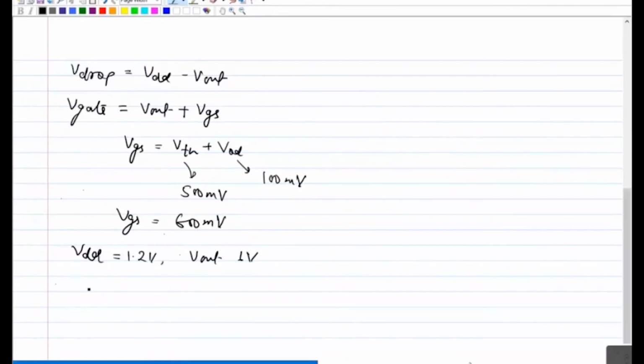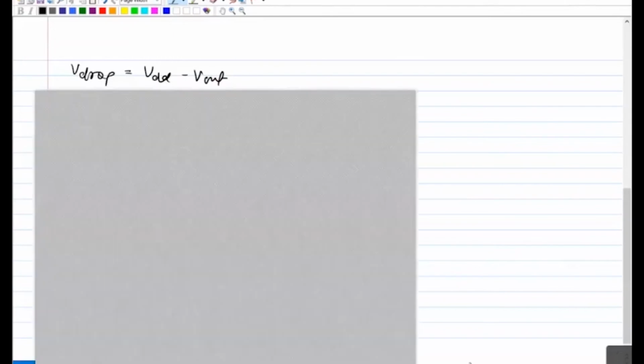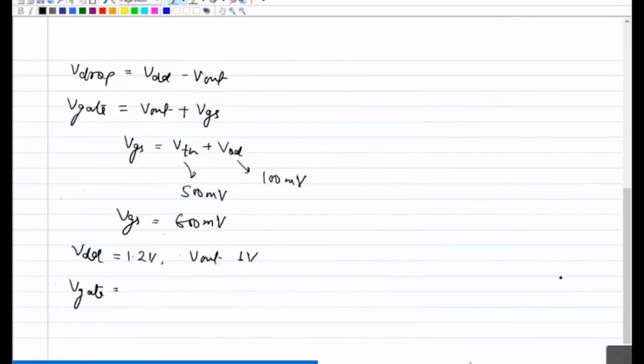So your required gate voltage will be 600 millivolt plus 1 volt.